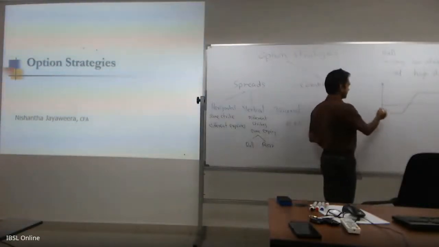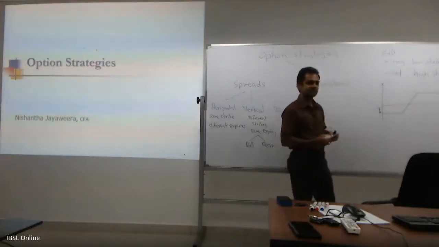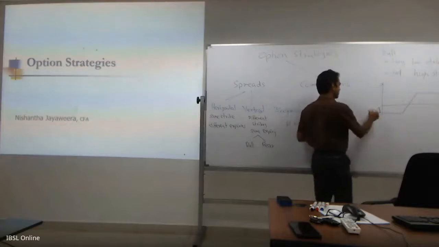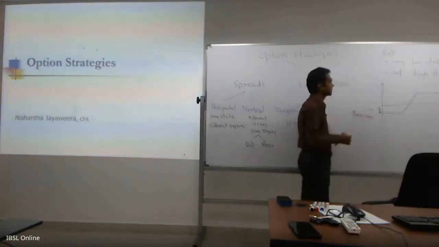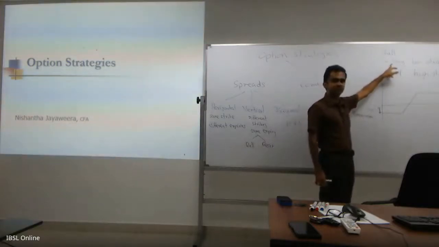This is the maximum loss that you would incur. What is this loss? This is the premium. Why do you have to pay a premium? You buy a low strike option, then you have to pay a premium.